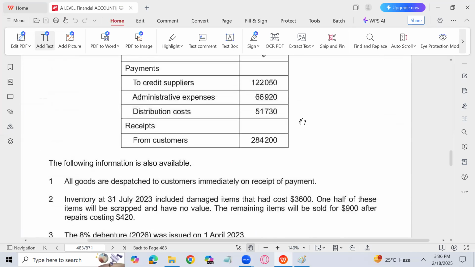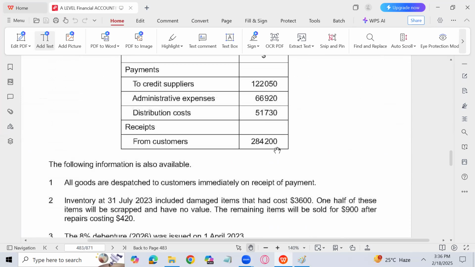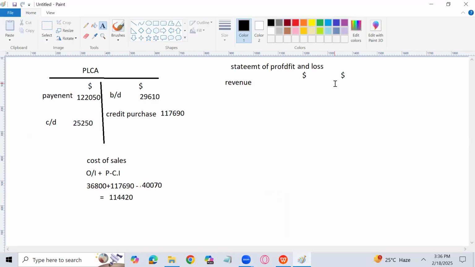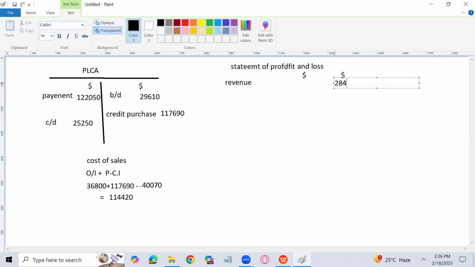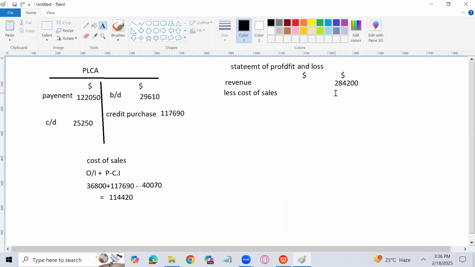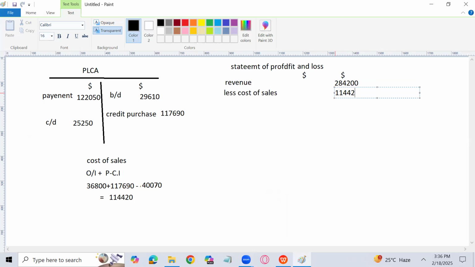So the receipt from customers is going to be 284200. So I will write here 284200, less cost of sales. The cost of sales we have calculated, that is 114420.